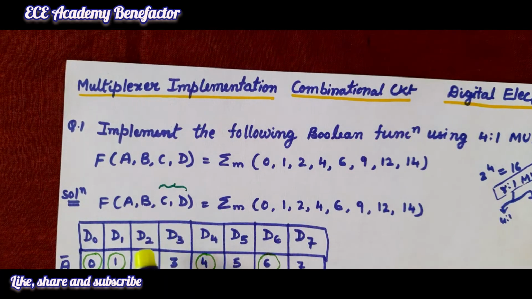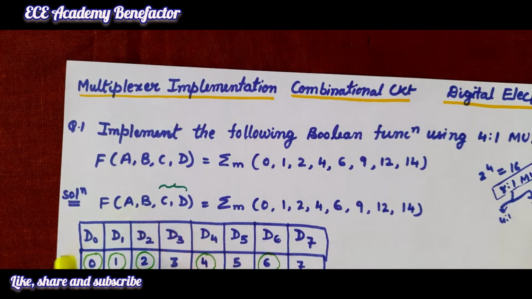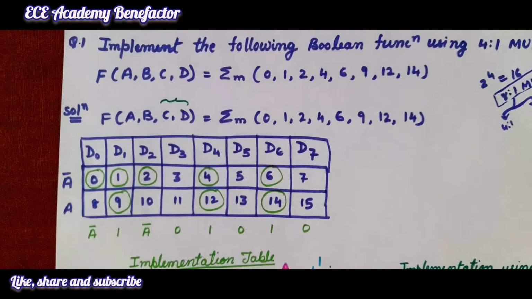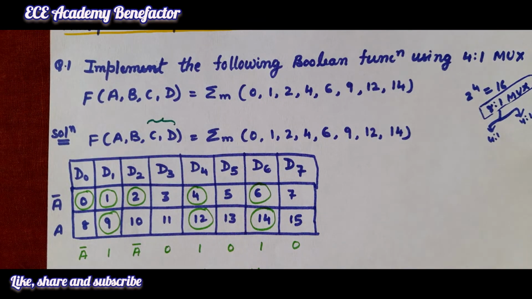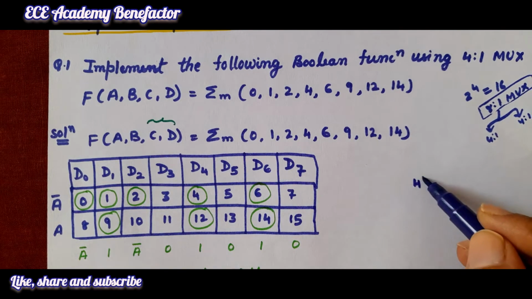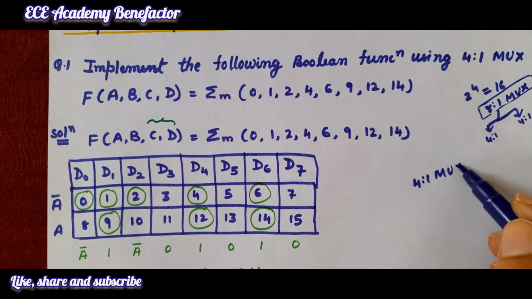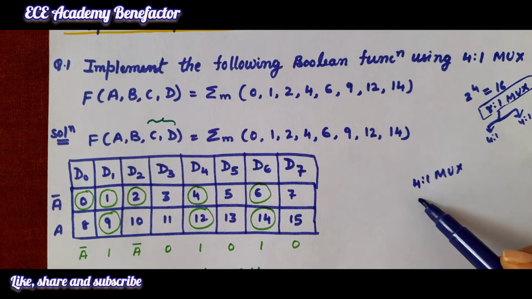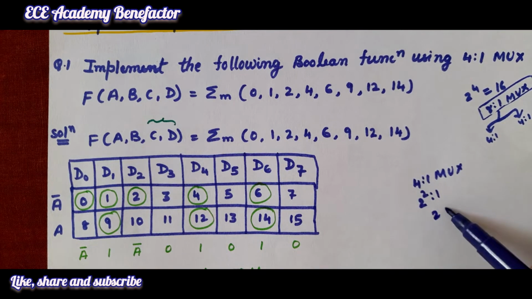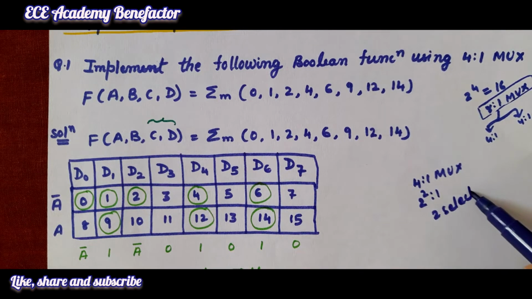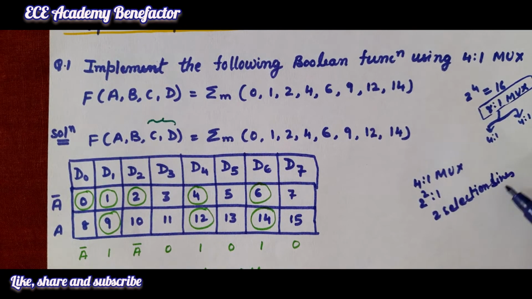So, here we are having 4 variables. The first variable we have used in the implementation table, and C and D for the 4:1 mux. 4:1 mux we are going to implement. 4 means 2 squared, means 2 select lines, S0 and S1.